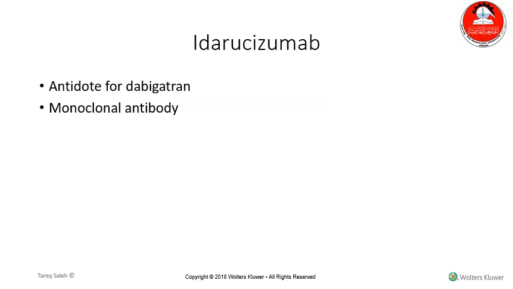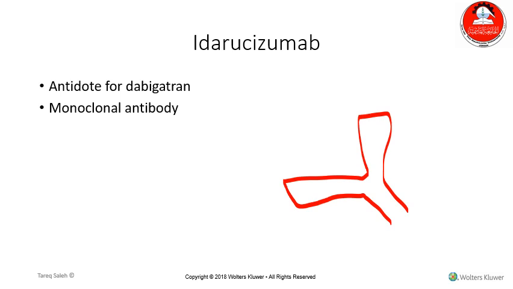The last drug that we will discuss in this category is the drug idarucizumab. And idarucizumab is a monoclonal antibody that is used as an antidote for the oral direct anticoagulant dabigatran. So idarucizumab is an antibody that can bind dabigatran molecules and neutralize them.